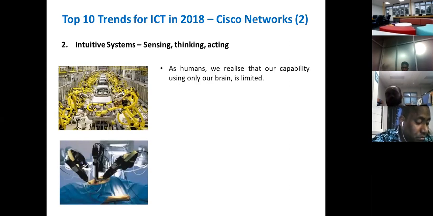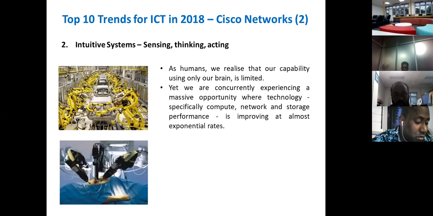So these things are going to extend our brain capability and take us beyond what we can achieve. The technologies of computing, networking, and storage are improving, and we are now more and more using the computational power, network capabilities, and storage capabilities of cloud computing service providers. So more and more information is available.